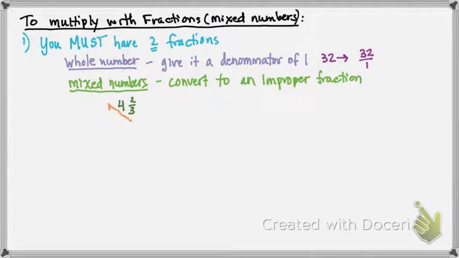We're going to start and we're going to multiply the denominator times the whole number. So I'm going to write that over here. Multiply denominator by whole number.